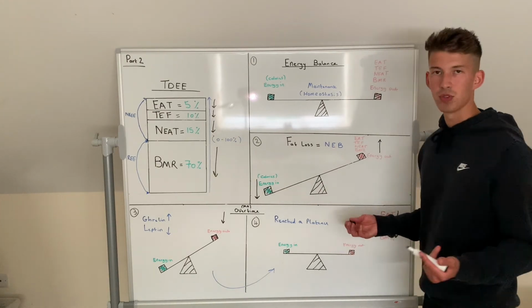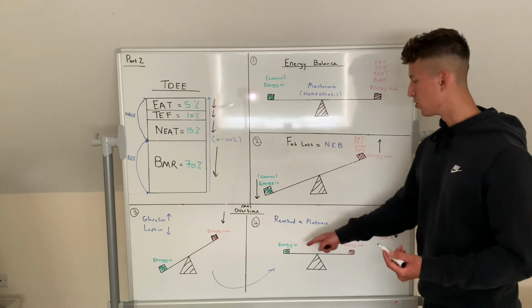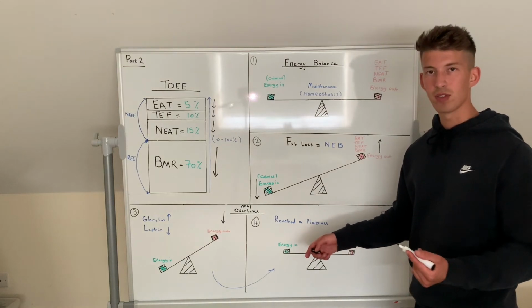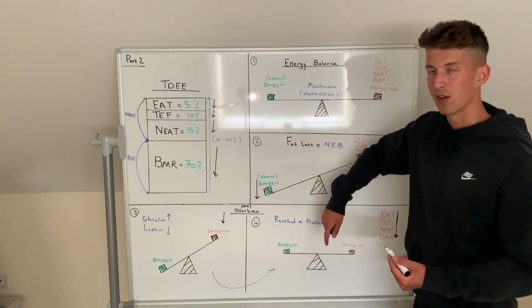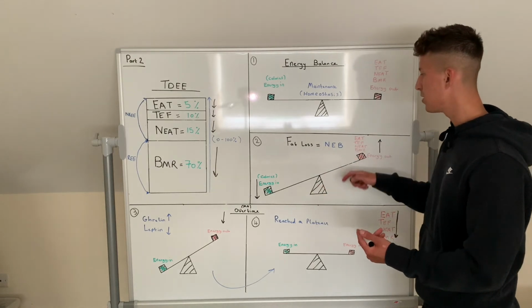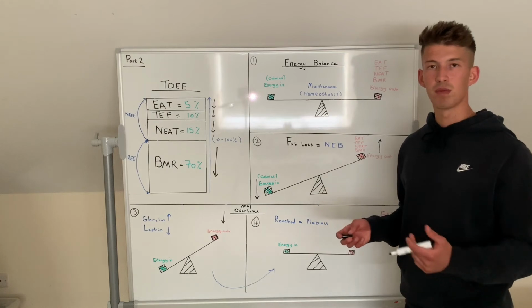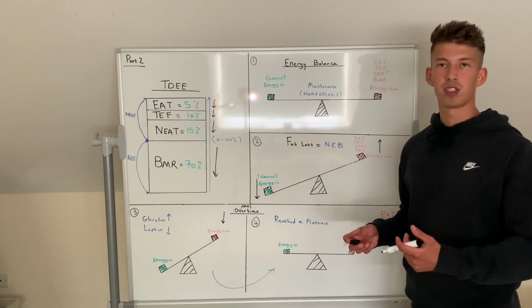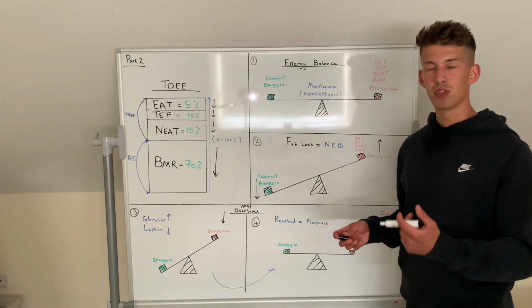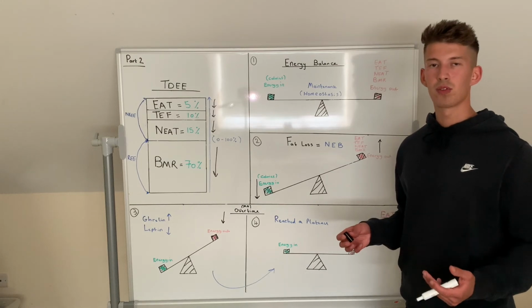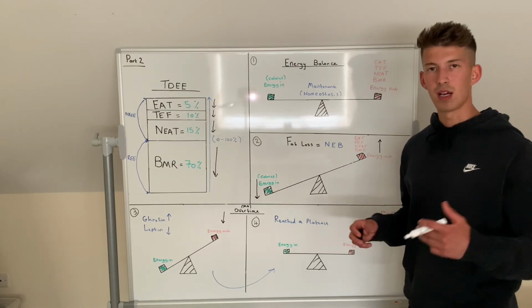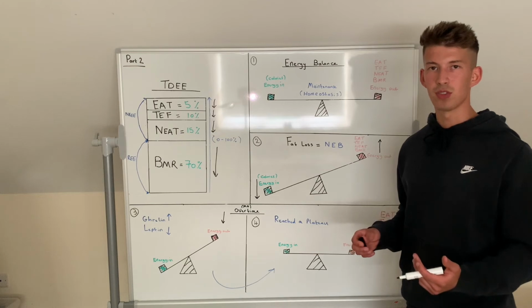So we have two options. You could obviously reduce your energy in, or reduce your calories even further, to begin to tip the scale back into negative energy balance. However, I would try and avoid this. The reason being, on a diet is difficult as it is. So by reducing your calories any further, you're not going to have a sufficient amount of calories to allow your body to recover from your training sessions.